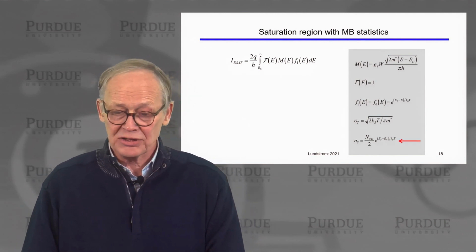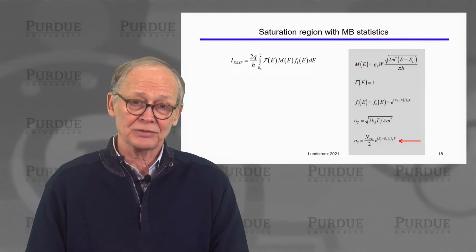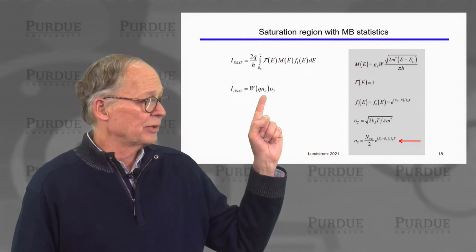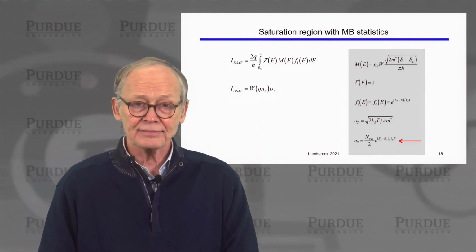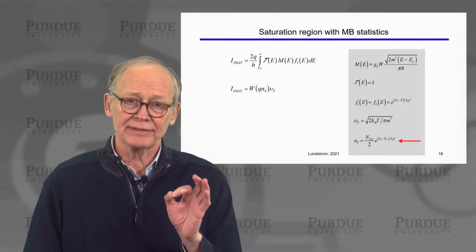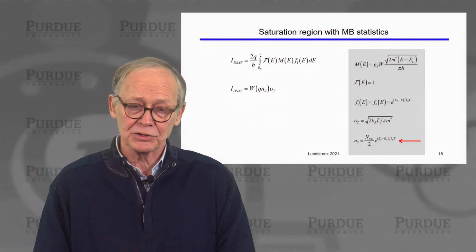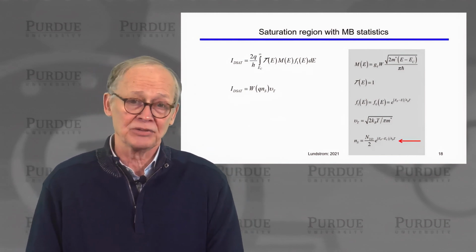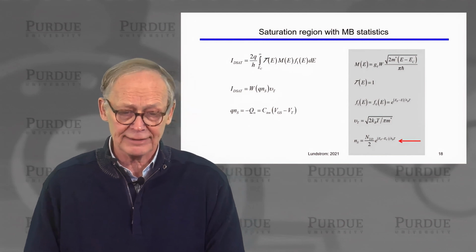Well, if we do the calculation, making sure we account for this factor of 2 here and being careful, we will find that the saturated current is width times Q times the electron density per square centimeter at the virtual source times the unidirectional thermal velocity. That's the result of performing this integral.